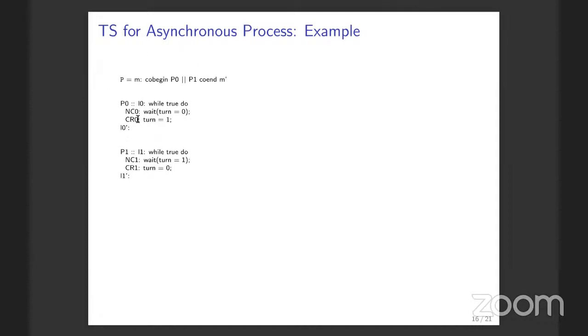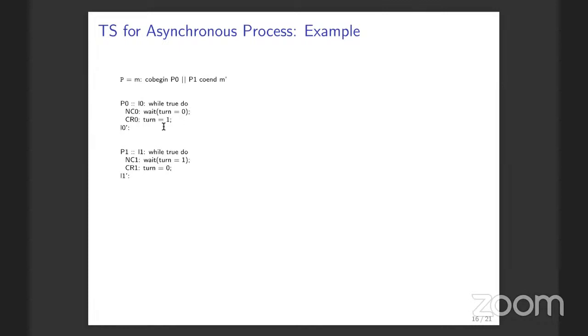What I want to ensure is that it is never the case that both these processes are simultaneously at the critical section. So at most one process will be at this location at any time.